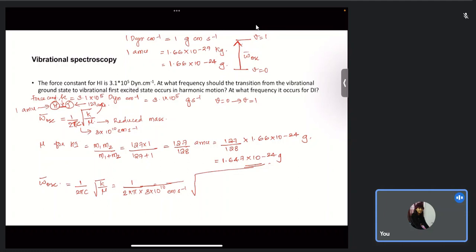This should be second square. There is a correction in the units in the case of dyne.